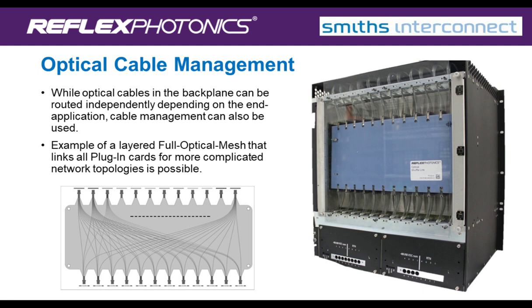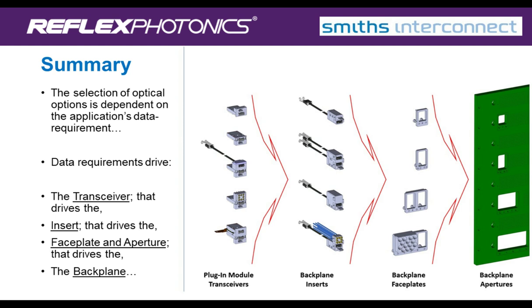This is just an example; many different variations of this can be made. It's an example of a fully optically interconnected mesh that would link 12 plug-in cards through an all-passive optical fiber mesh that's been placed in the back of the chassis. So there are a lot of different versions of cable management we can envision.